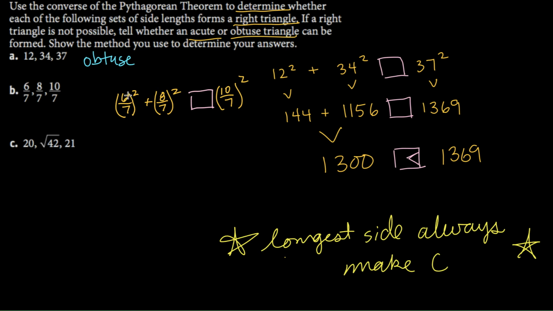I'll show you this last one. You can turn those into decimals for all I care, but we need to figure out which is the longest. So we have 20, the square root of 42. The square root of 42 is 6.48. So when I set this one up, it's 20 squared plus the square root of 42 squared.